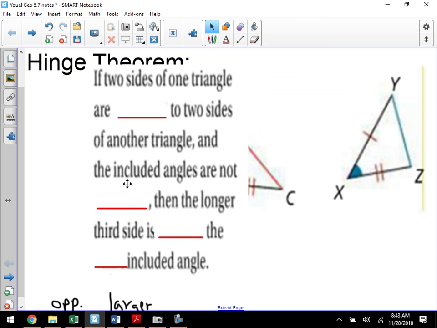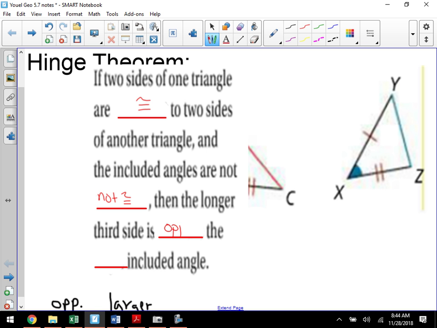So basically the idea is if two sides of one triangle are congruent to two sides of another, and the included angles are not congruent, the longer third side is across from the larger included angle.